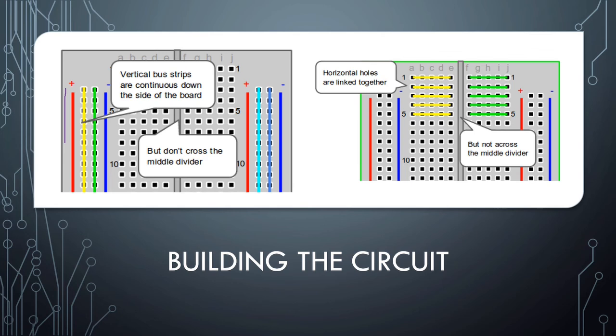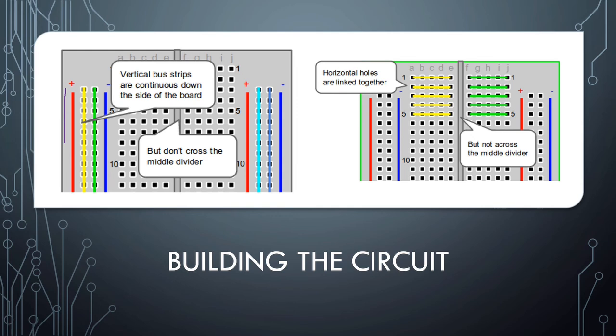They are continuous down the entire board. And so there is a positive rail and a negative rail. And so our negative, remember, is for ground, or if you're not familiar with it, we ground to the negative side. So if you'll remember on our circuit before, we had a wire coming from the ground pin and connecting to the LED.